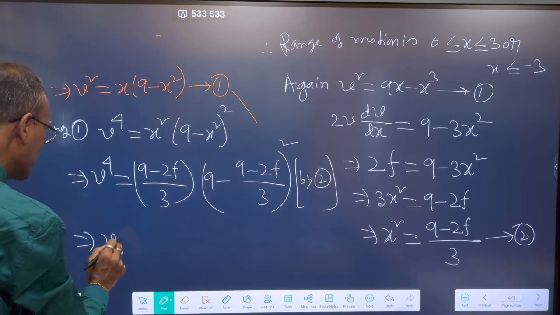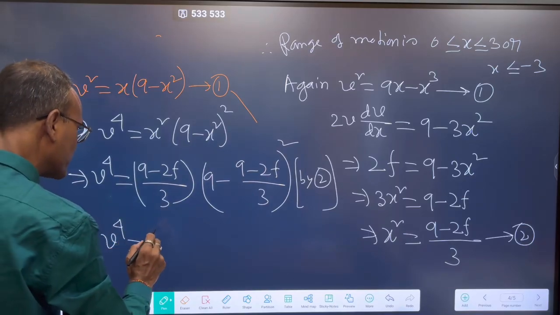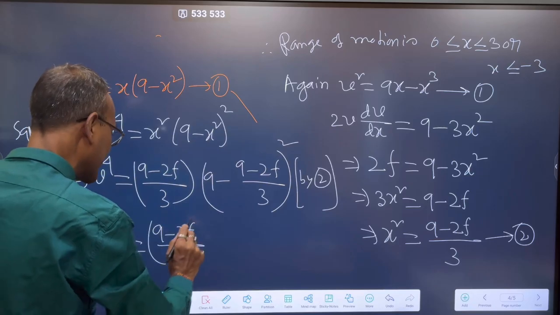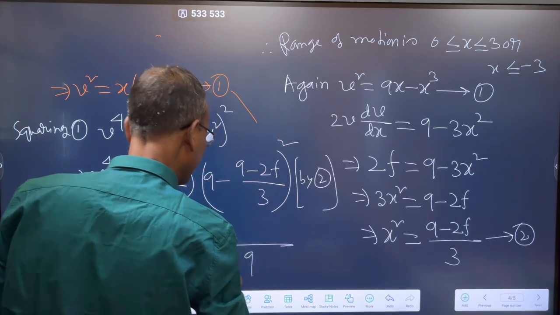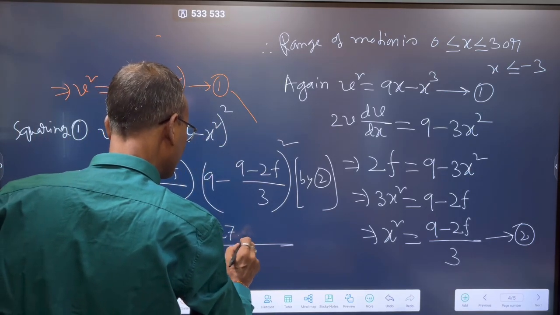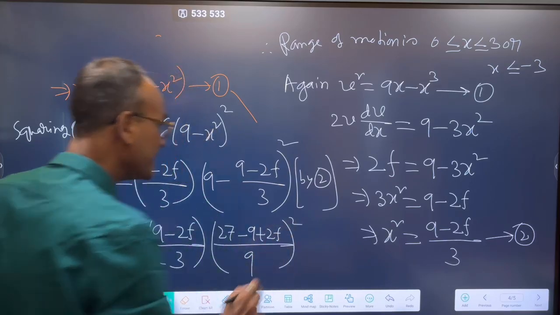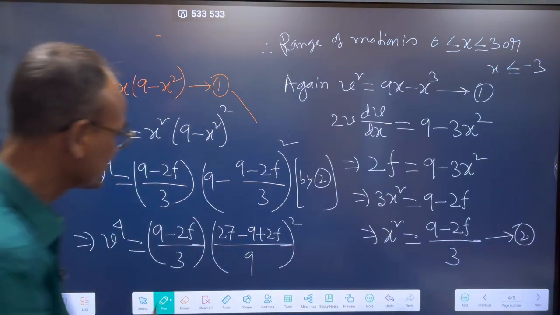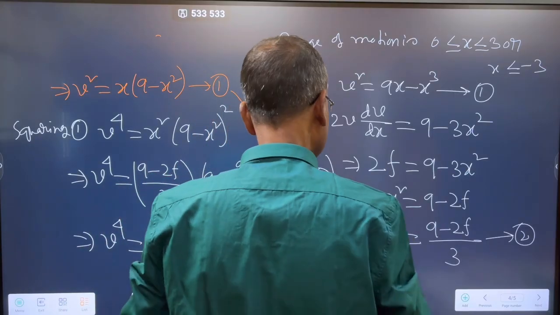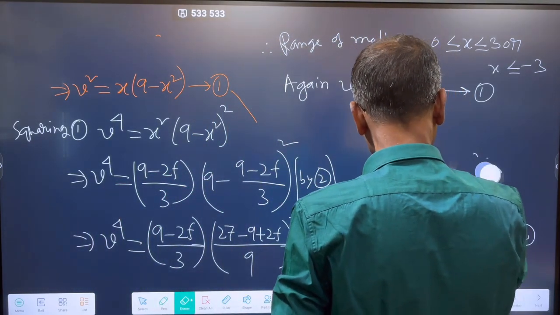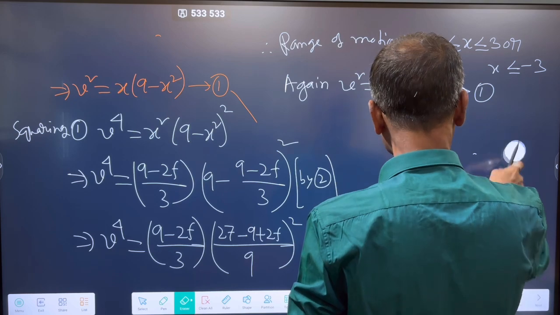Or v to the power 4 equals 9 minus twice f divided by 3 into, 27 minus 9 plus twice f, whole square.